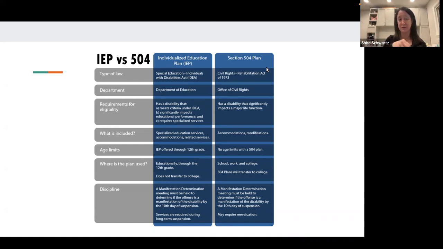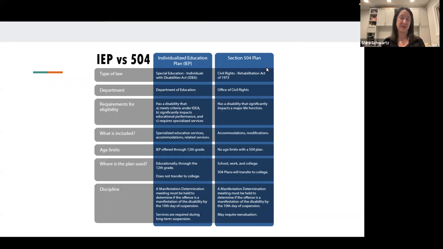IEPs can last only through school age. So it's as long as you're eligible for it, as opposed to a 504, which can last for your whole life. A 504 is different in that it does not have measurable goals. It has accommodations and modifications. It is specifically designed for disabilities that impact life functions, which can be thinking, communication, walking, eating, things like that.